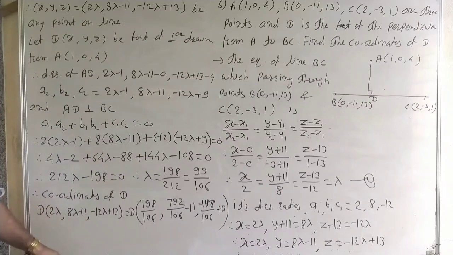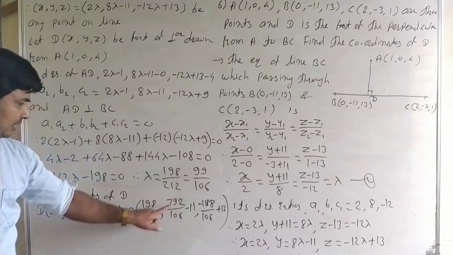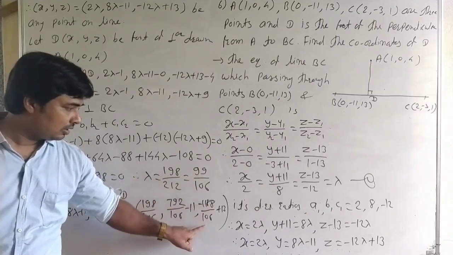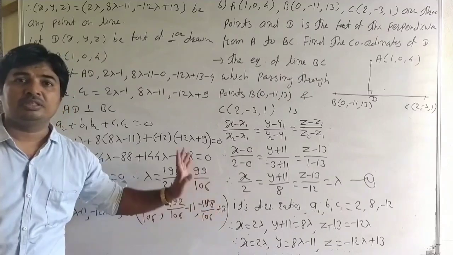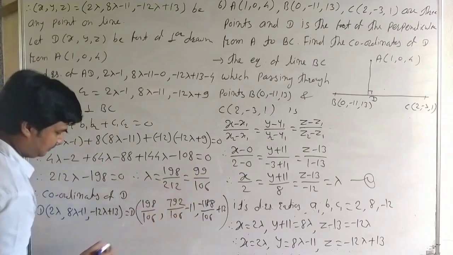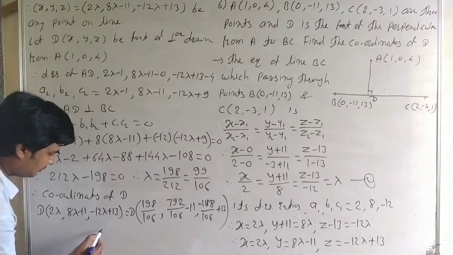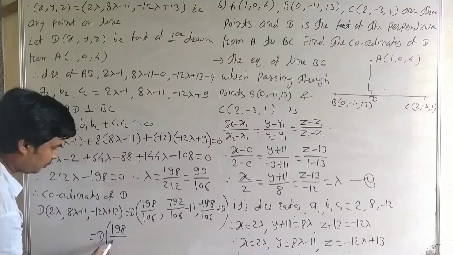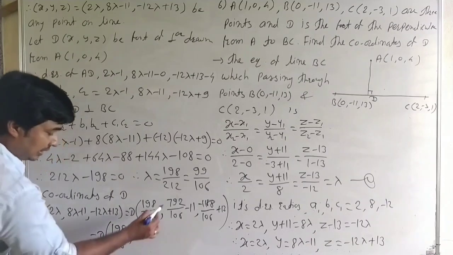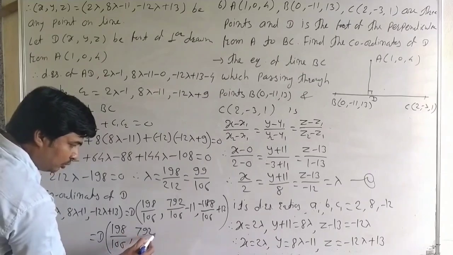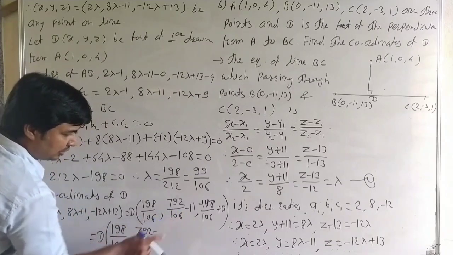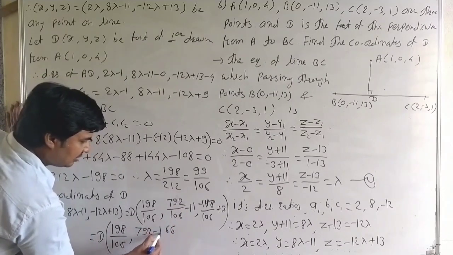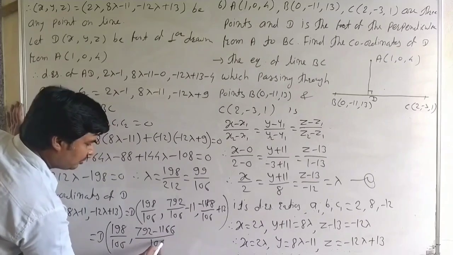Here we take 2 lambda, then 8 lambda minus 11, and minus 12 lambda plus 13. Now again calculate. We can write the coordinates of D as 198 upon 106, and then 792 minus 11 into 106, see carefully, 11 sixes are 66, so 1166 upon 106.